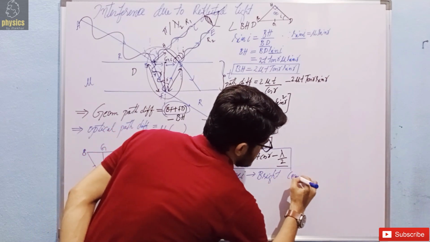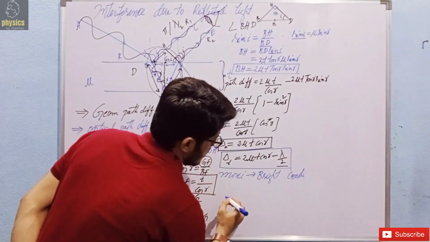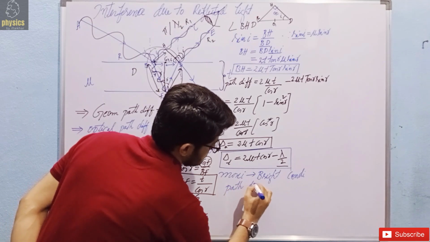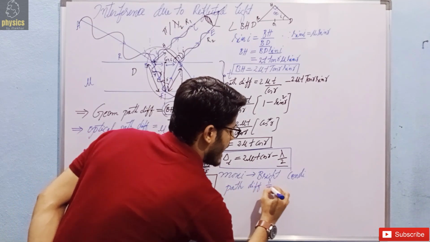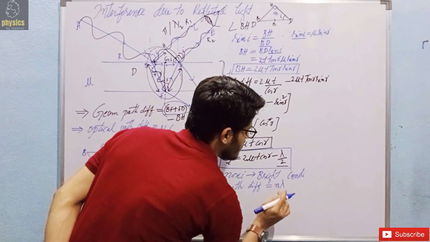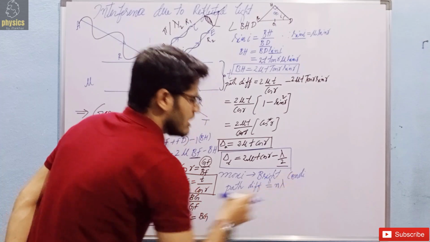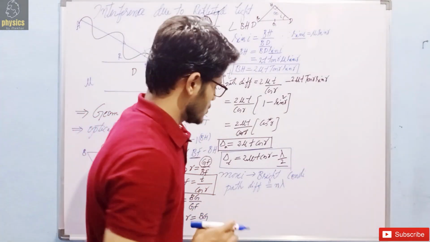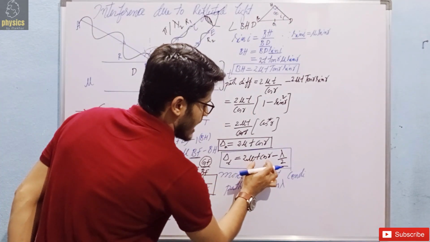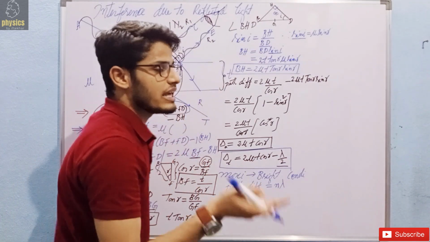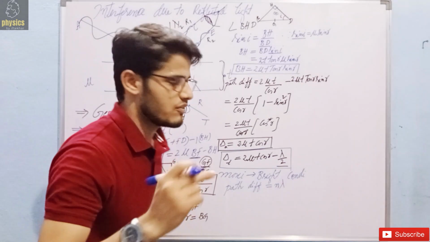The bright fringe condition is that the path difference should be n lambda. If the path difference is n lambda, it means we will get a bright fringe. So I am equating this path difference with n lambda to get the condition for the bright fringe.